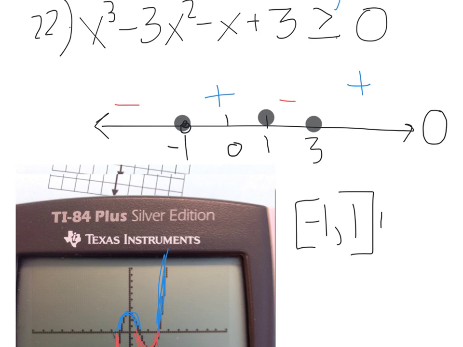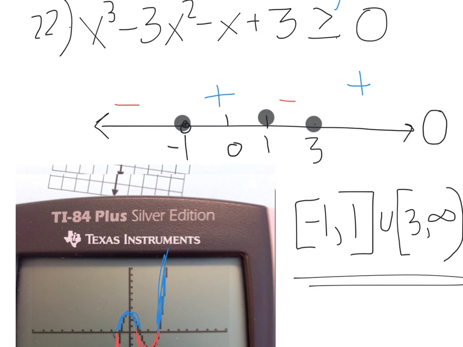And we use the little union symbol to say and. I'm positive from 3, and I'm including 3 because at 3 I'm on 0, to infinity. Infinity always goes in parentheses because I can never include something that's infinite because it goes on forever. So that is your answer for number 22 on your semester final review.